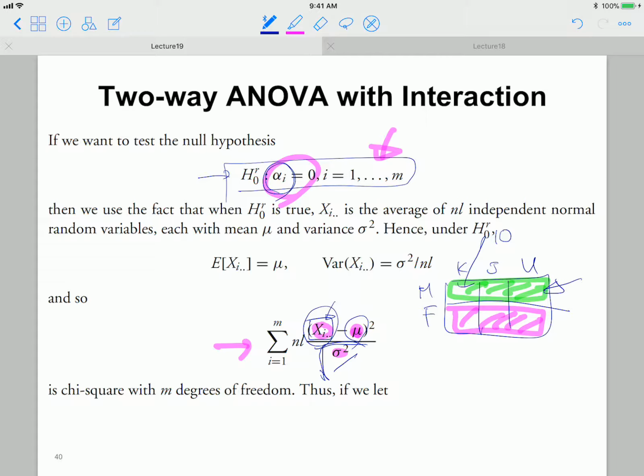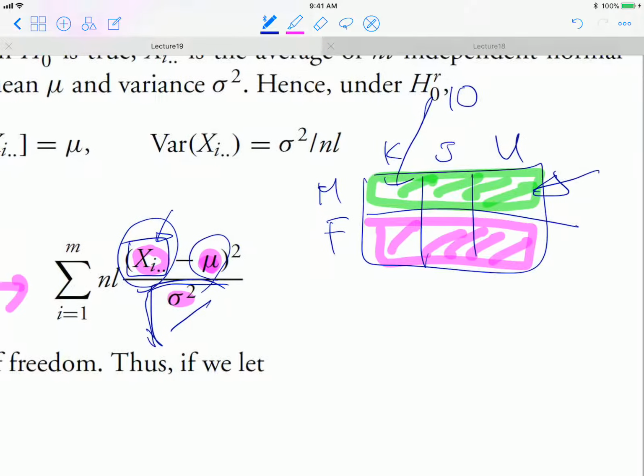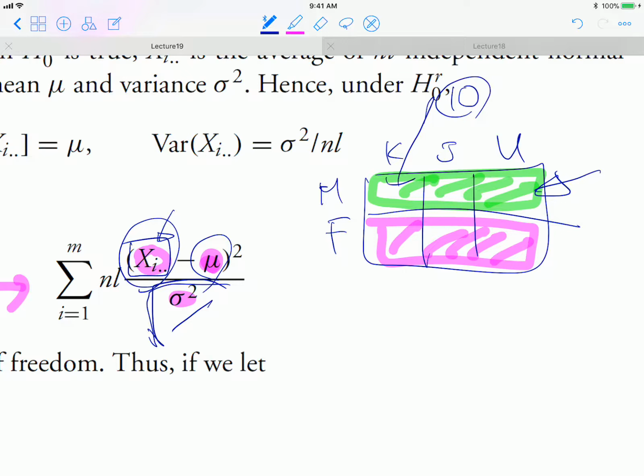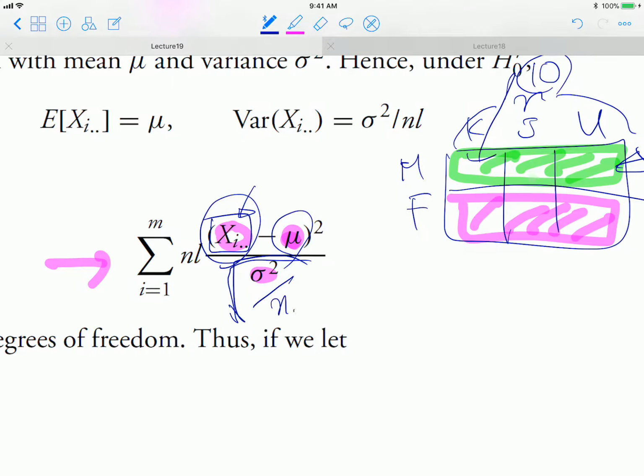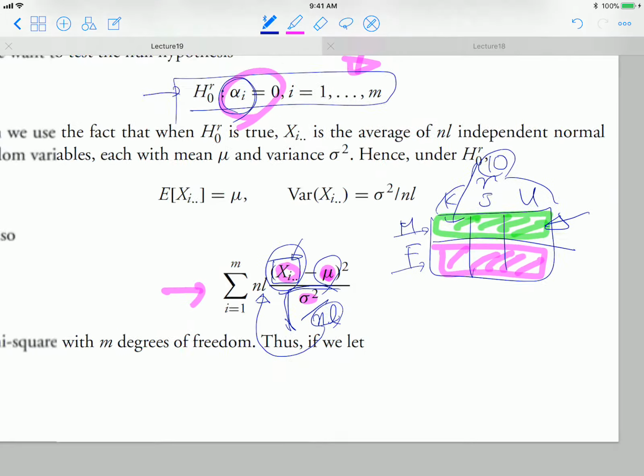How many samples do we have in each of these green and this pink bar? 10 times n, right? So n times L is the total number of samples corresponding to the first row and also the second row. Yep, so that's why we see it in the numerator here.